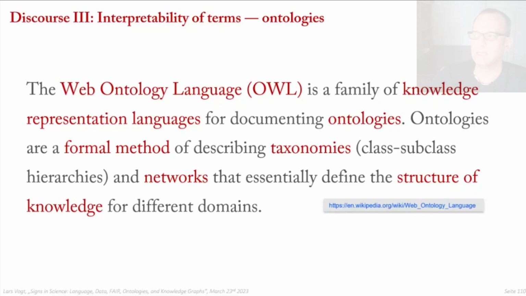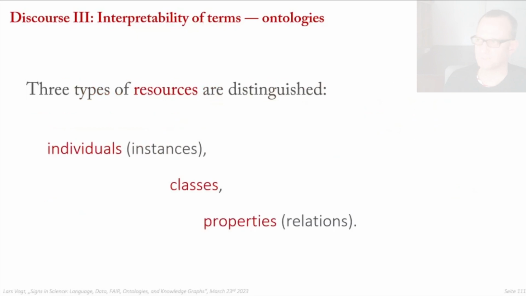So an ontology is a taxonomy of terms that then have relations across from one term to the other. And with that, I can then basically describe the knowledge of a certain domain.